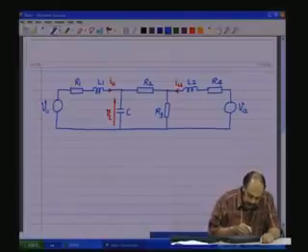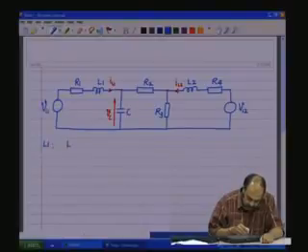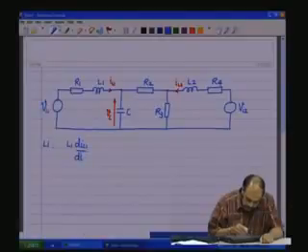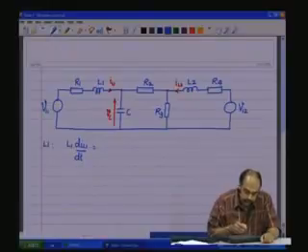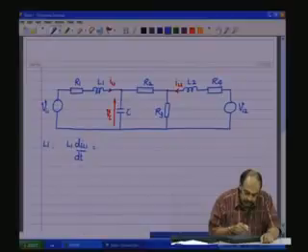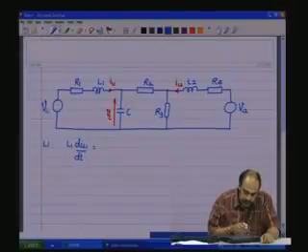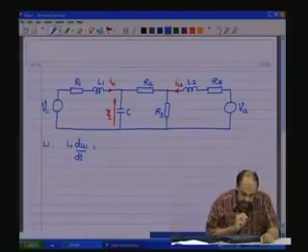So, first we take L1. L1 dIL1 by dt should be equal to the voltage across L. Now, the voltage across L by Kirchhoff's voltage law should be equal to the algebraic sum of all the other voltages.